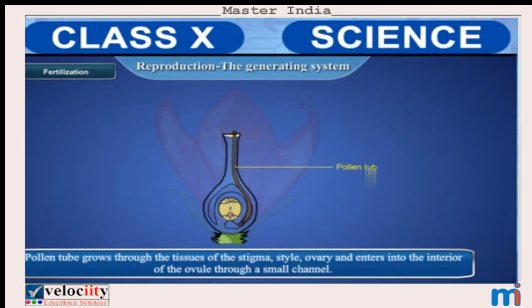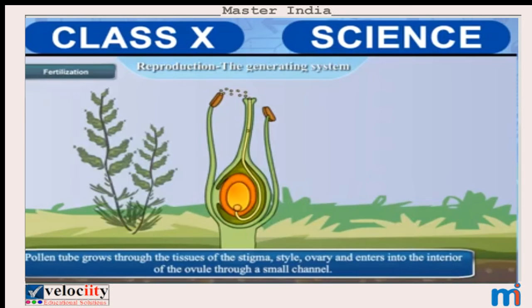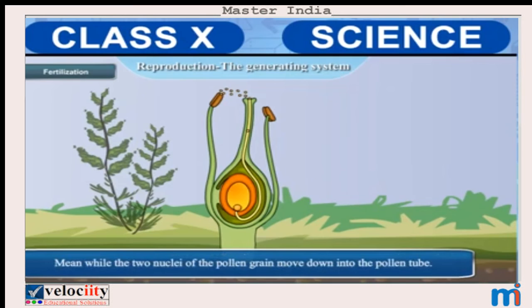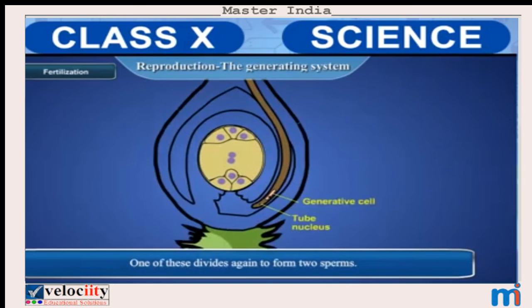The pollen tube grows through the tissues of the stigma, style, and ovary, and enters the interior of the ovule through a small channel. Meanwhile, the two nuclei of the pollen grain move down into the pollen tube. One of these divides again to form two sperms.